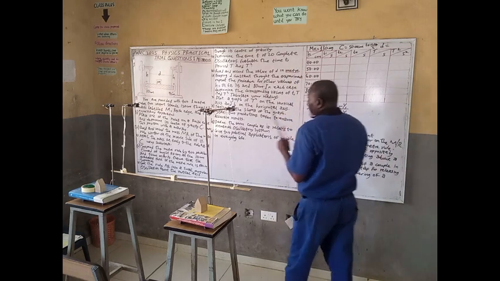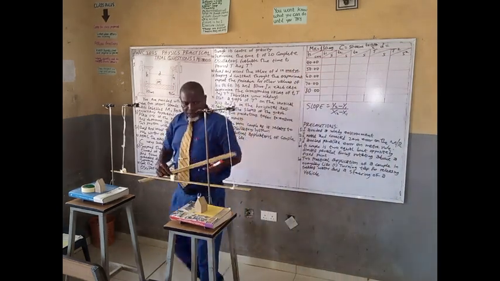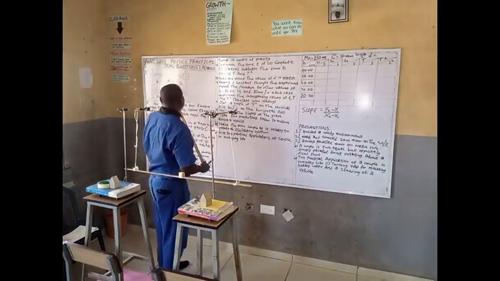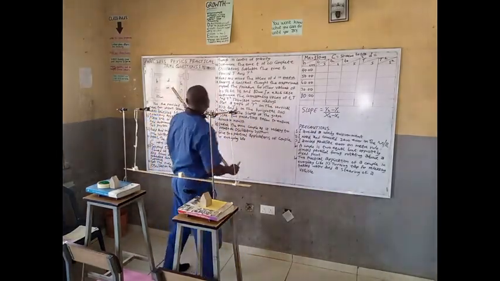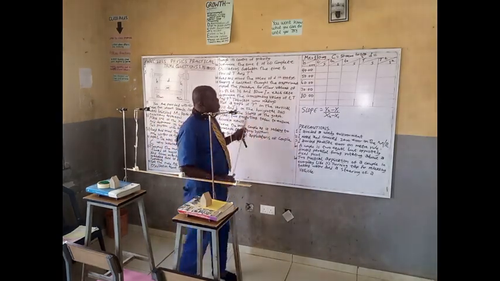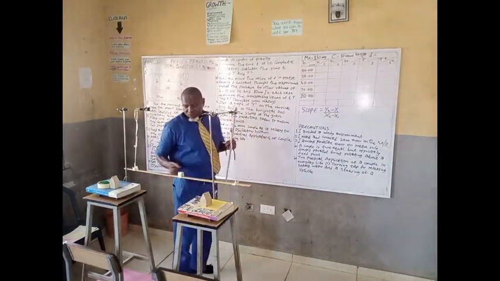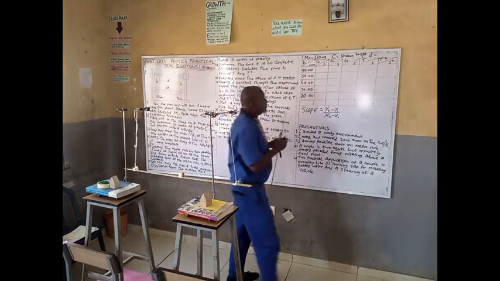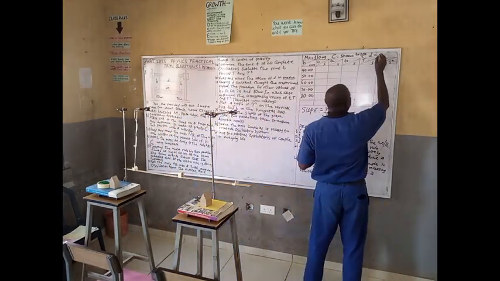Now, D, the distance between them, is 100 centimeter. The total length of the 1 meter rule is 100 centimeter. So when you remove 10 plus 10, that is 20, from 100, you have D to be 80 centimeter.